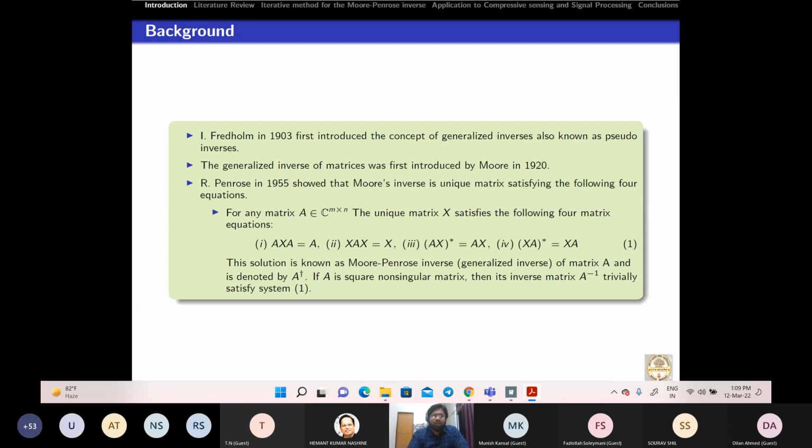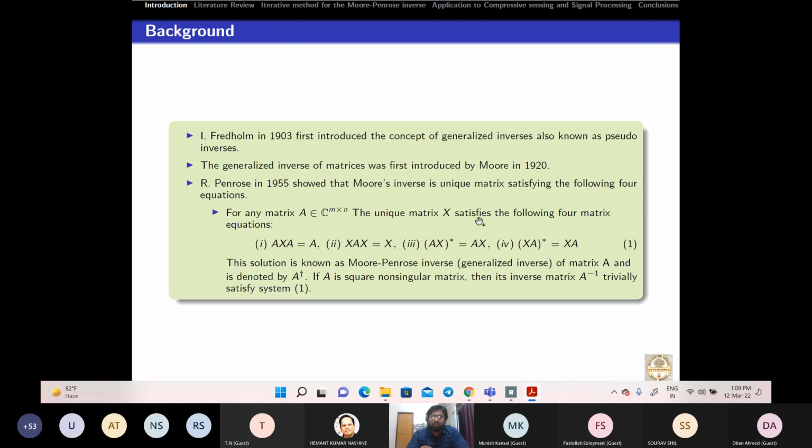Later, in 1920, Murray also did some work, but it was not much recognized until 1955, when Penrose extended Murray's work. He established that if A is any m cross n matrix, then any matrix X of order n cross m which satisfies these four matrix equations qualifies. Equation 1 is AXA equal to A, 2 is XAX equal to X, the third is the Hermitian property: the conjugate transpose of AX equals AX, and the conjugate transpose of XA equals XA.